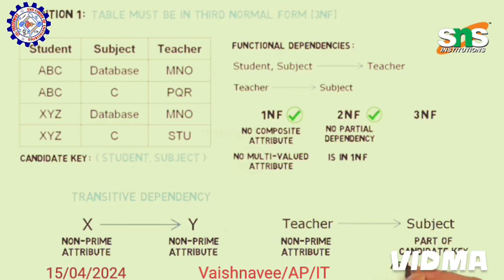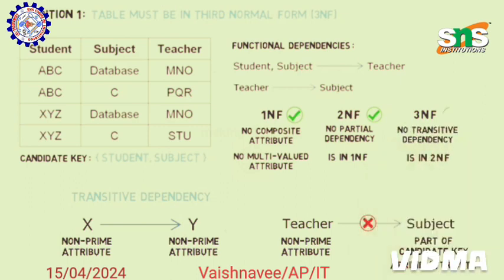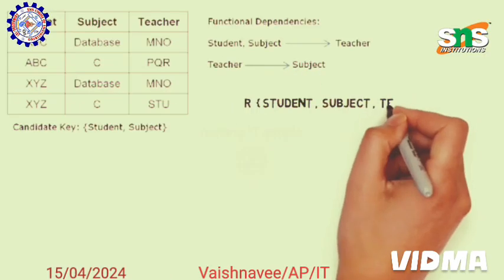Now, this dependency is neither partial nor transitive, but the LHS of this functional dependency is not a candidate key or a super key. So this functional dependency breaks the second condition required for Boyce-Codd normal form. Therefore, due to this functional dependency, this table is not in Boyce-Codd normal form.